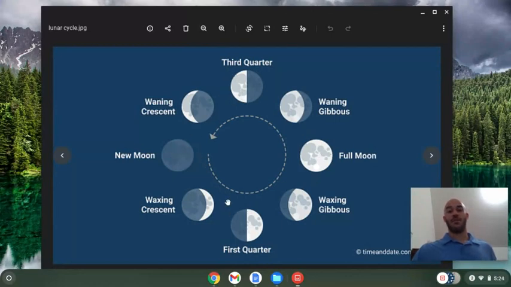Phase number 1, 3, 5, 7, if you want to think about odd numbers, all right? That means the intermediate phases are the even ones, or the ones with waxing or waning in front of them. So we have waxing crescent, waxing gibbous, waning gibbous, and waning crescent. So 1, 2, 3, 4, 5, 6, 7, 8. So the intermediate phases are the even numbers. If that will help you, great.